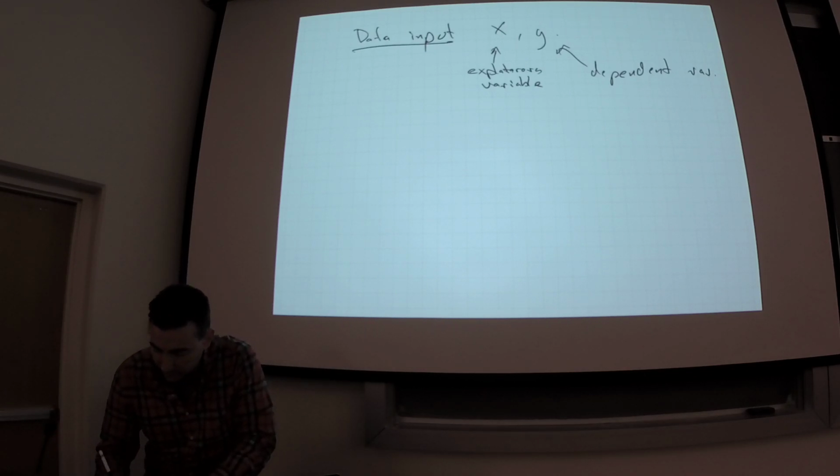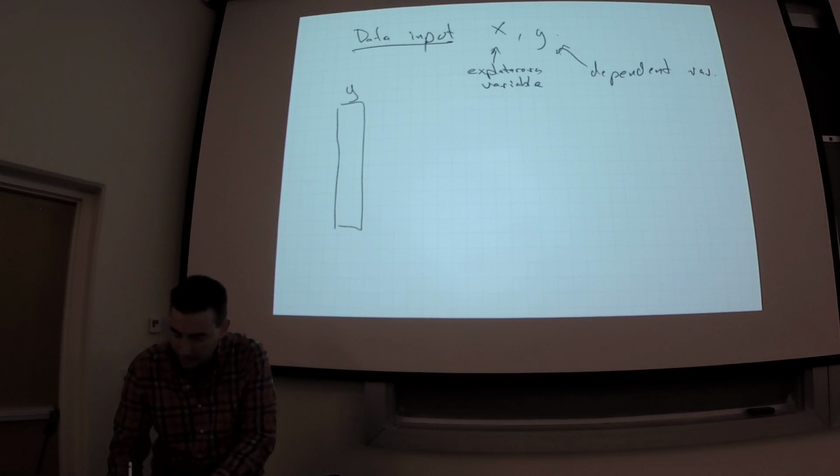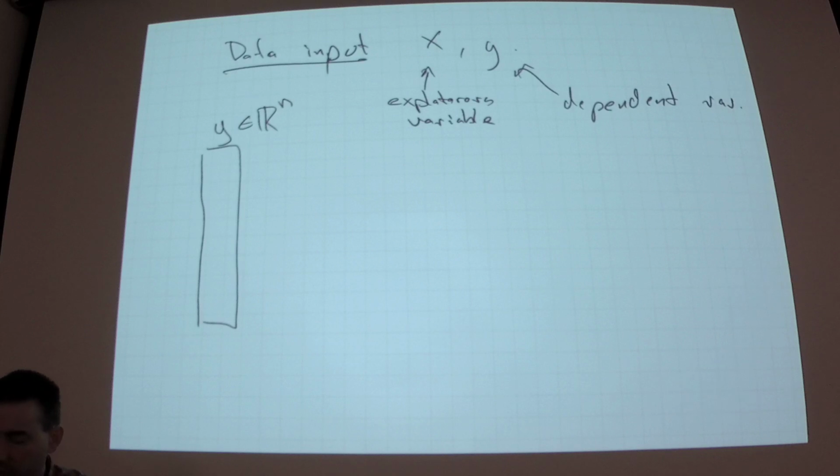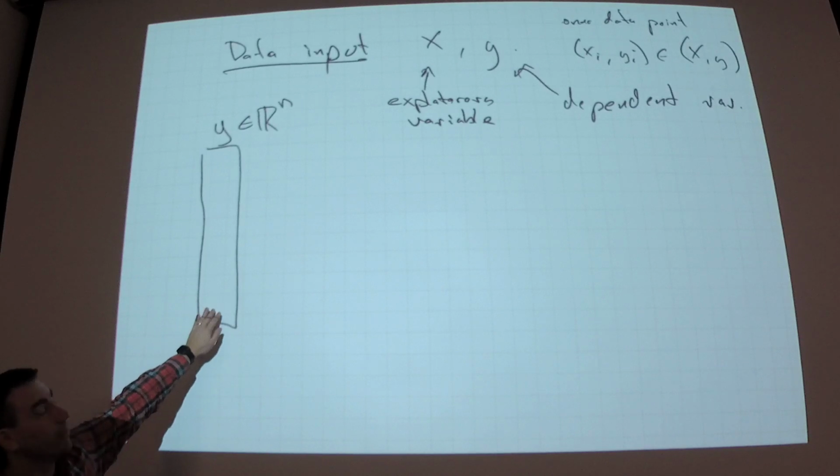Okay, and so you could think of this as Y. This one is going to be in Rn. So if I'm going to have n data points, one data point is going to be an xi, yi, which is going to be in the set from xy, right? So if I have n of these data points, each is going to have a scalar value.